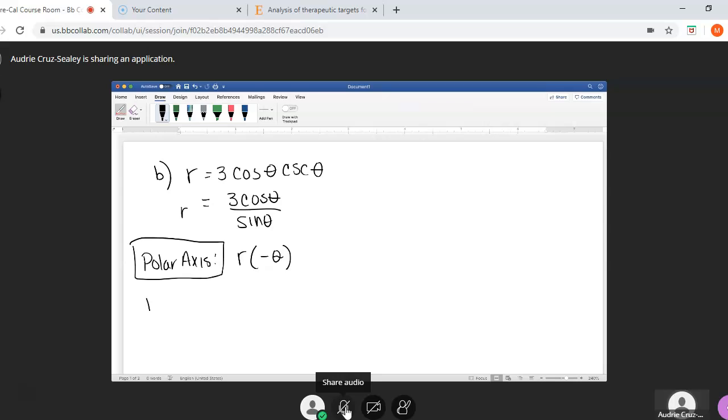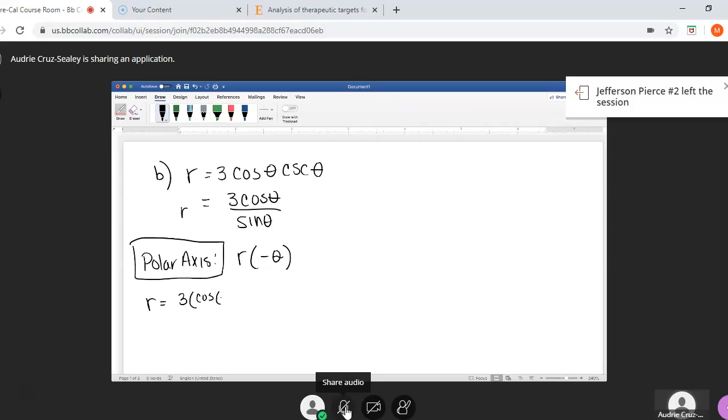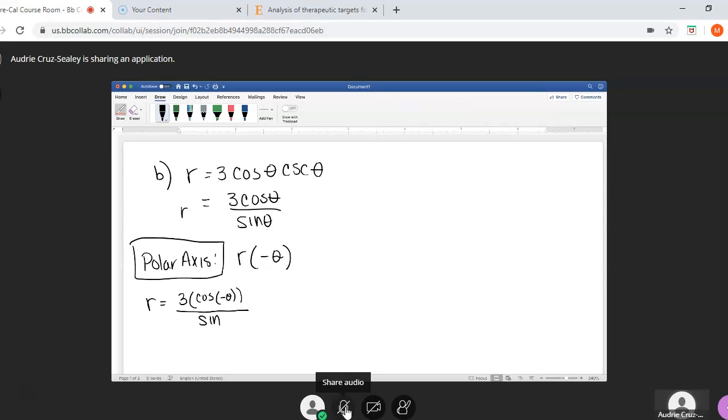So if I were to substitute in negative theta, wouldn't I have 3 cosine of negative theta over sine of negative theta? Everybody good with that? And then cosine of negative theta would simplify to what?